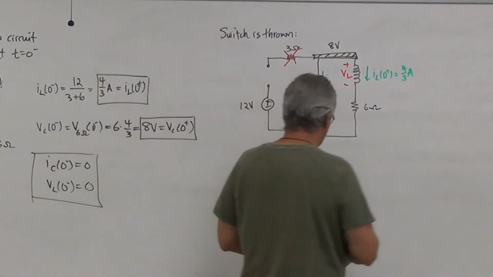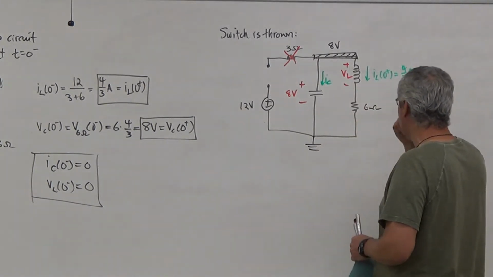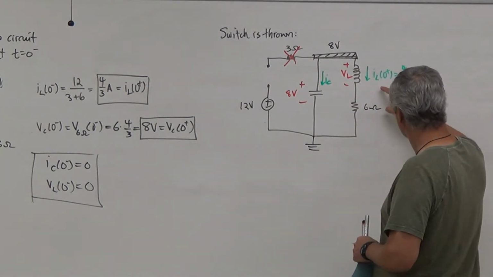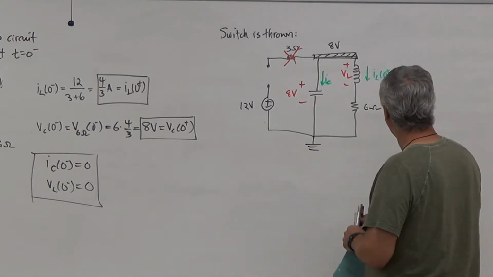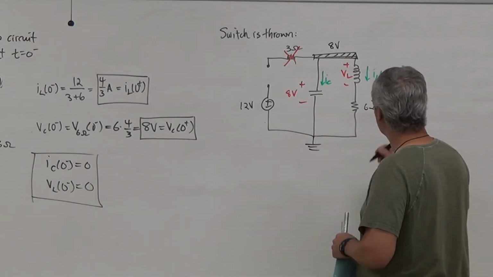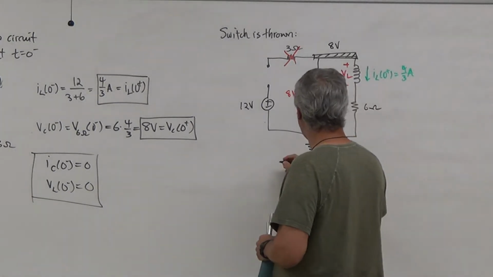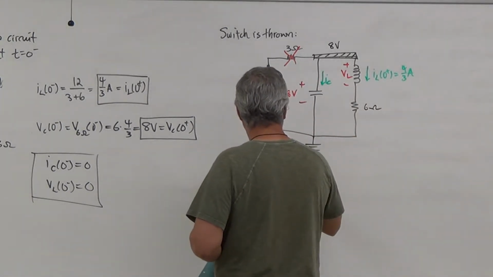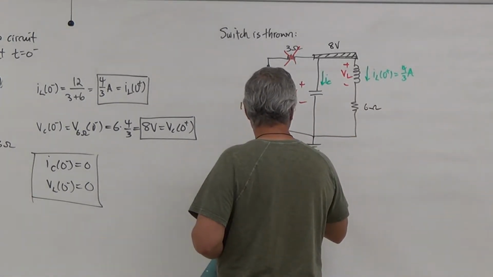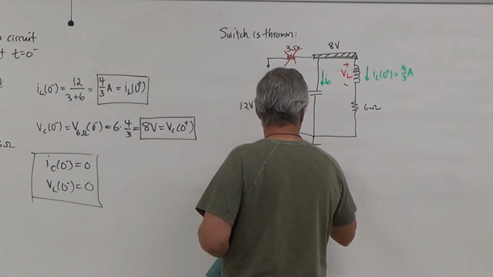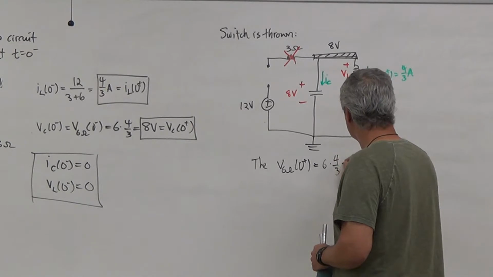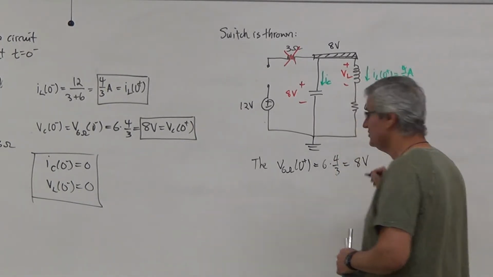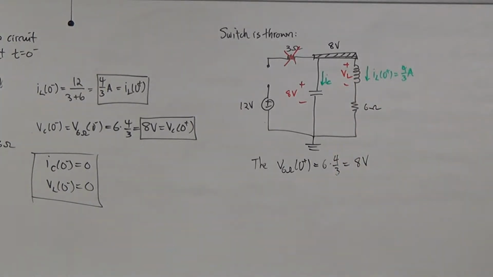So the voltage across the 6 ohm at 0 plus must be what? 6 times 4/3, but that means that has to be what? 8 volts.